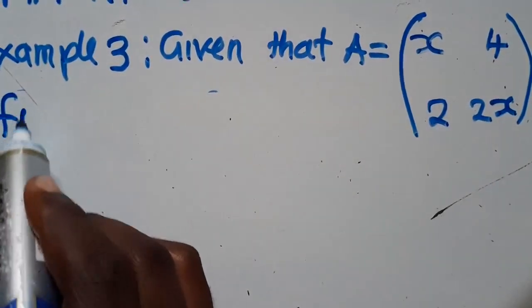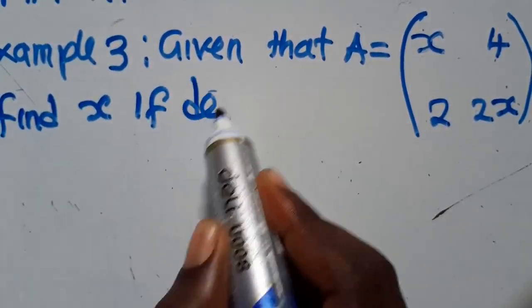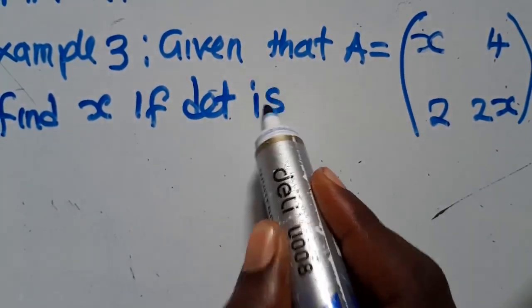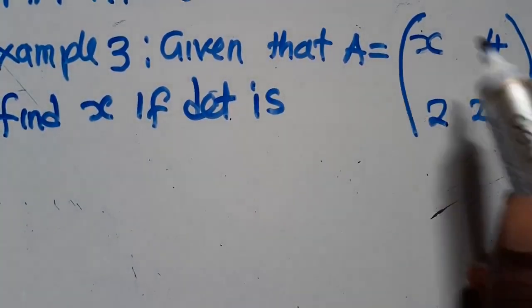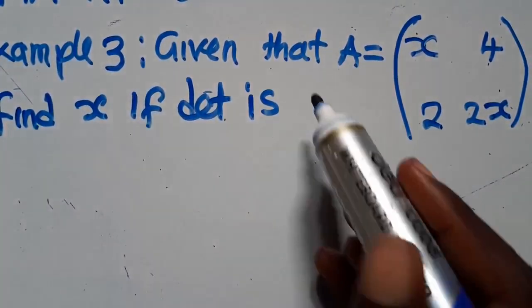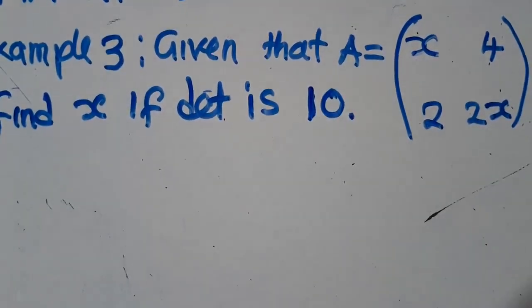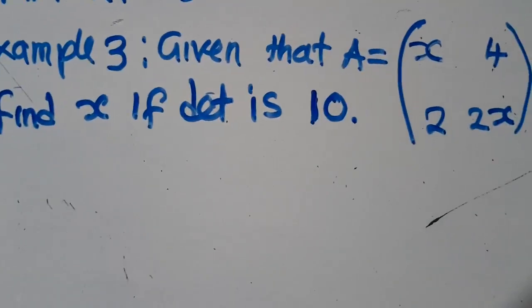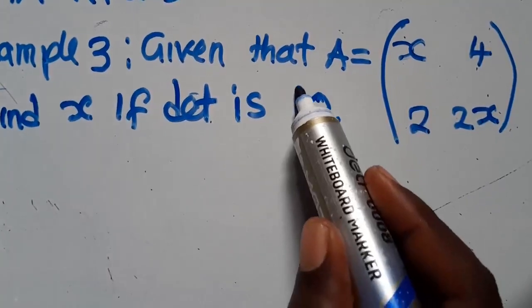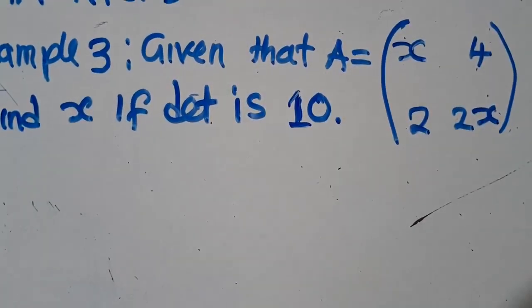Then they're telling you find x if the determinant is, so you know that the determinant they're talking about is for A. If the determinant is 10, this is how the question is. So I want you to capture this and know how to answer this question. This is our example 3.